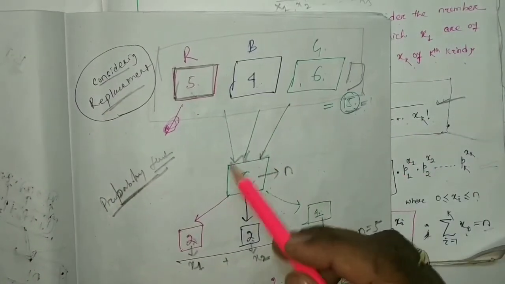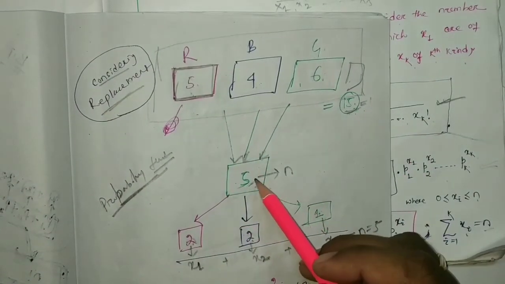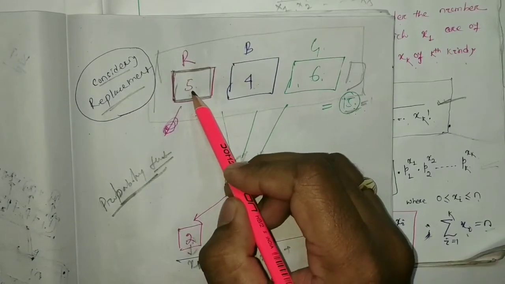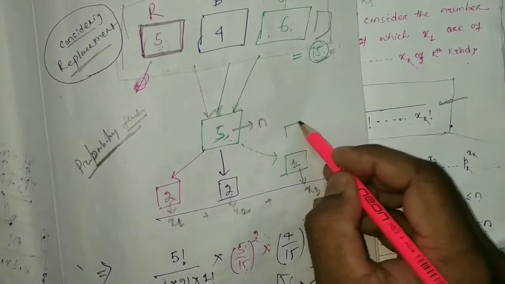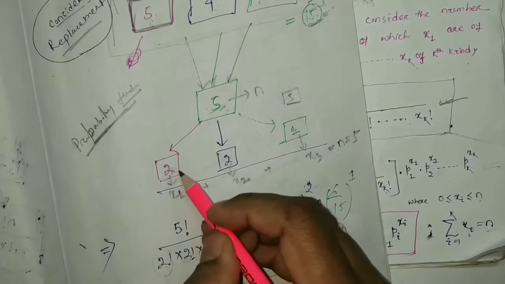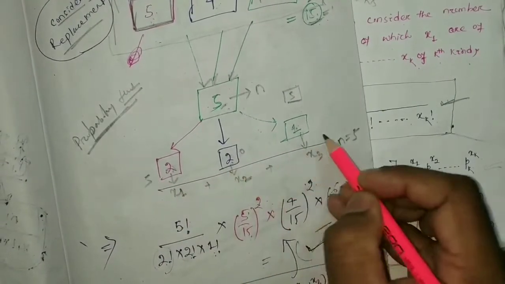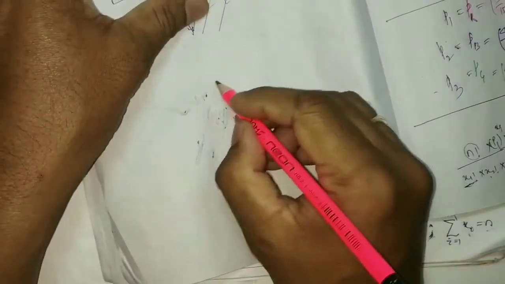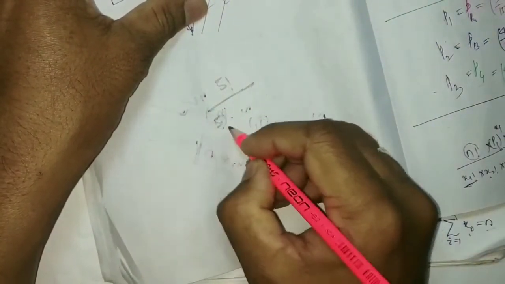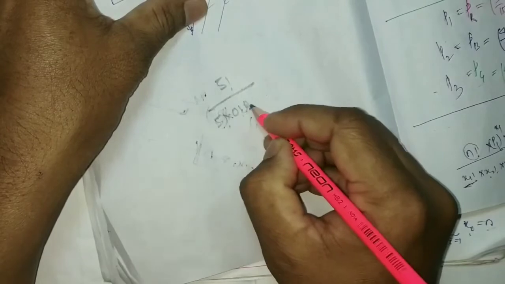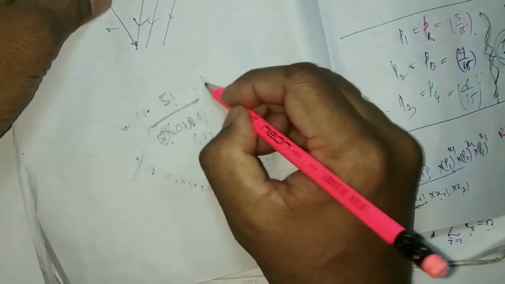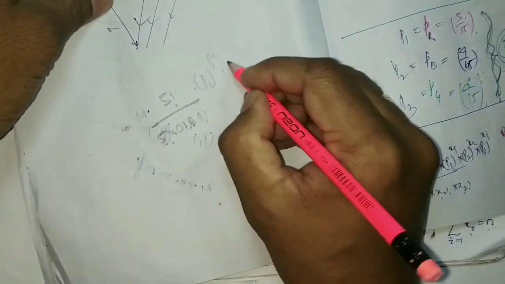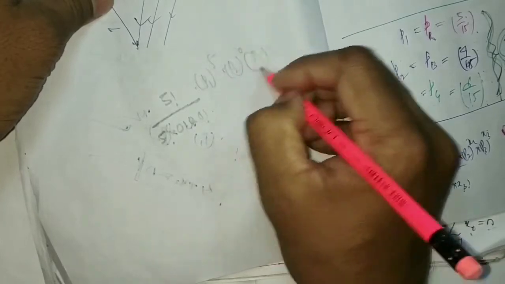or you can consider 5 itself. If you draw 5 balls and all 5 belong to red, what is the scenario here? Red will be 5, this will be 0, this will be 0. And if we use the formula, that will be 5 factorial by 5 factorial into 0 factorial into 0 factorial into p1 to the power 5, p2 to the power 0, p3 to the power 0.